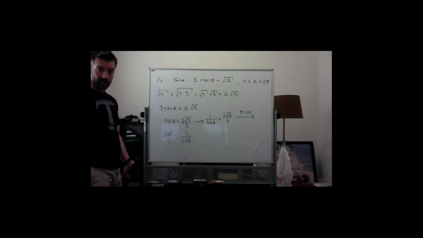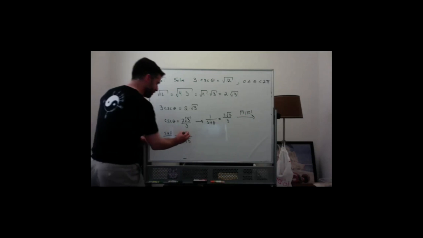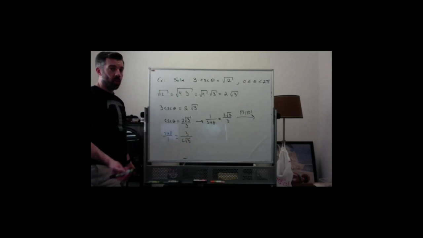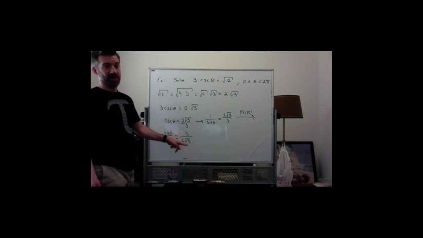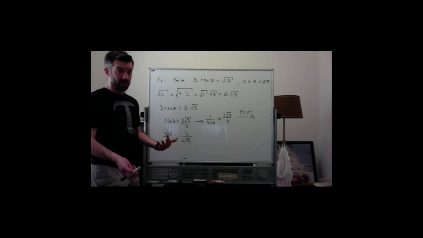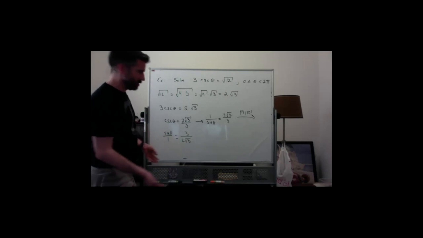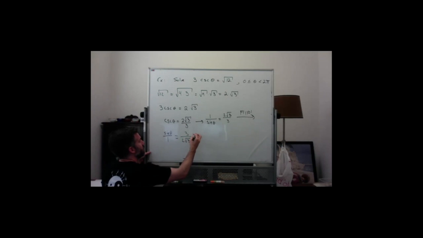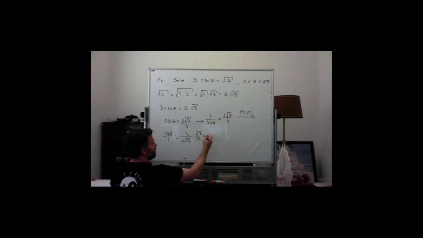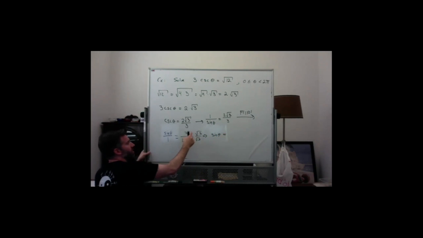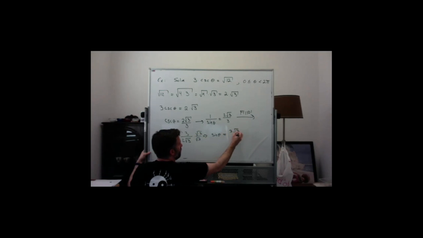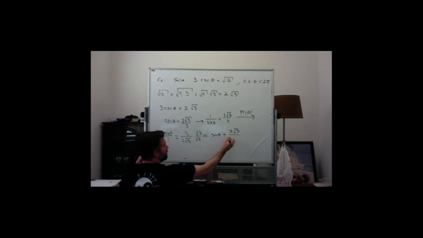And then we can simplify this. You can either do the rationalization, or you can just say that 3 divided by the square root of 3 is the square root of 3. So this becomes the square root of 3 over 2. But I'll show the rationalization. If I multiply by root 3 over root 3, I get sine of theta equal to 3 root 3 over 2 times root 3 times root 3 is 3.